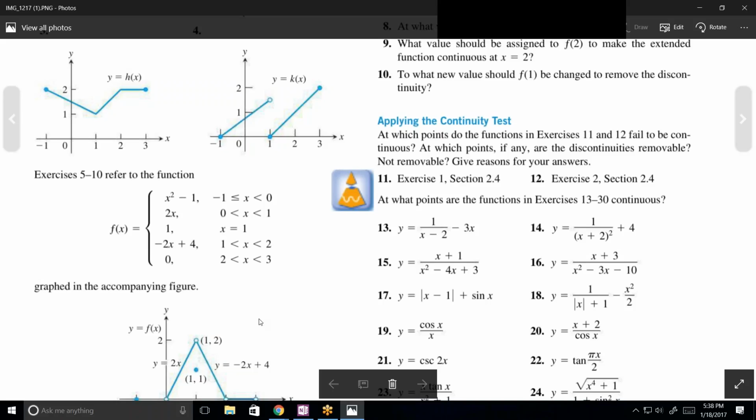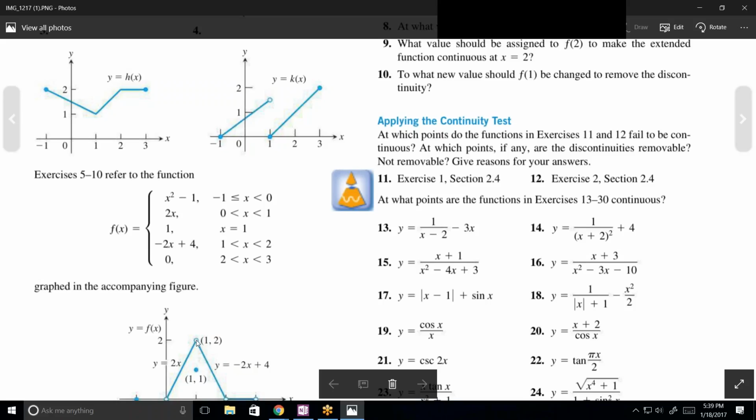As we approach 1 from the right, what is that limit? It looks like a 2. The way you do it is just put your pencil on the graph and start approaching that point from the right. And what are we headed towards? We're headed towards a y value of 2. That's the limit.